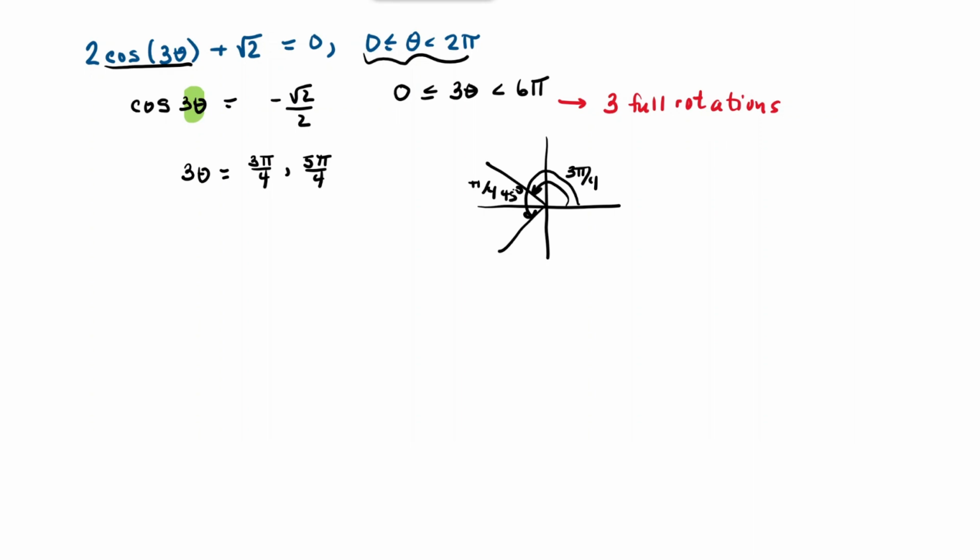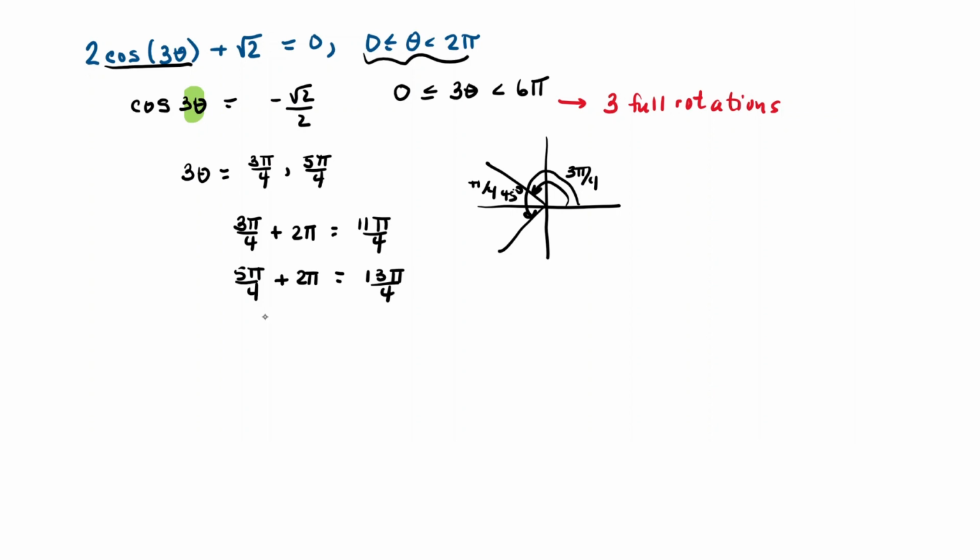We need to get all the angles on the next 2 full rotations. So that's just found by adding 2 pi, which gives us 11 pi over 4. We have 5 pi over 4 plus 2 pi to give us 13 pi over 4.